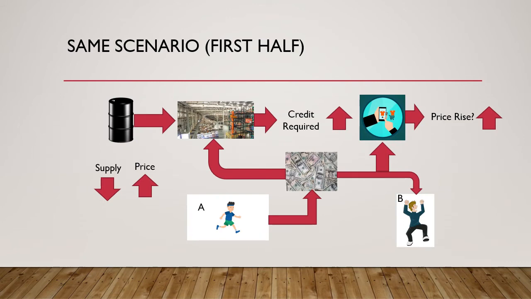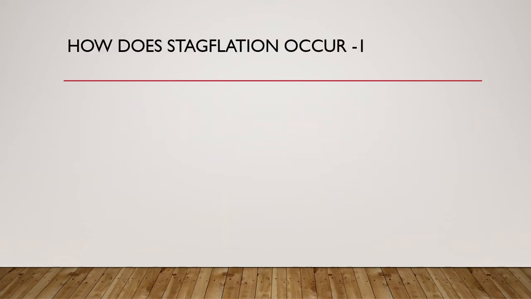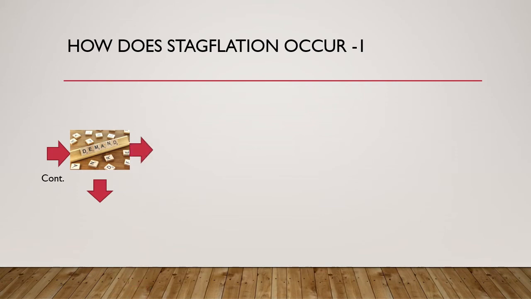However, let's take the same scenario, and this time let's introduce a factor. So here also, like previously, the demand for goods and services comes down because of the increase in prices. However, unlike previously, this time around the central banks intervene in the market and reduce the interest rates.